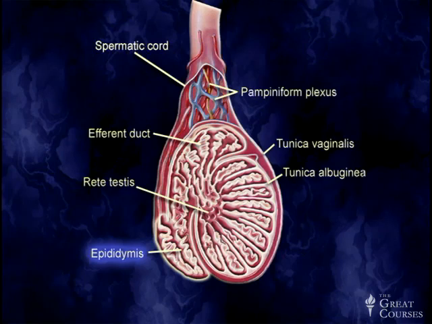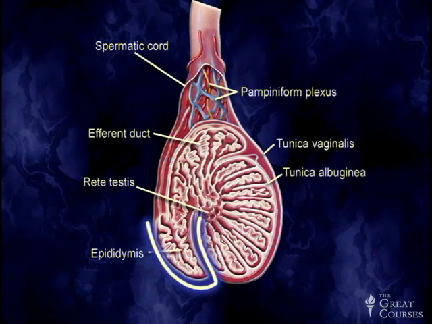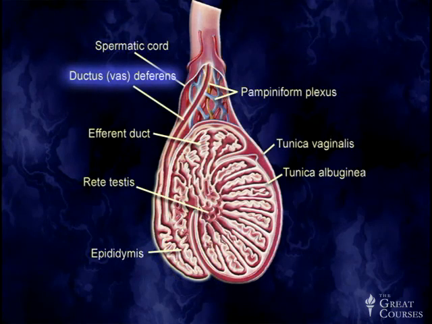If you look at this plane, it looks like an appendage attached to the testicle, which it is. It's called the epididymis, and it leads away and up through something called the vas deferens or the ductus deferens.